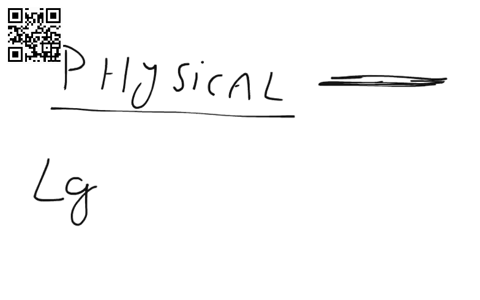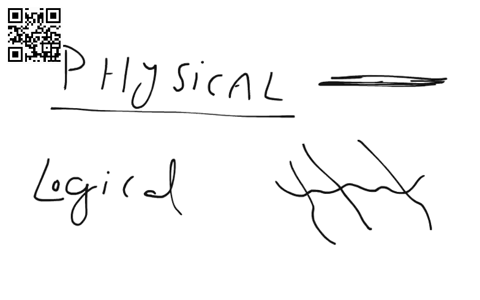So friends, there can be physical topologies. That is how your network is physically laid out, and there can be logical topologies. That is how the traffic follows a certain path to reach its destination.